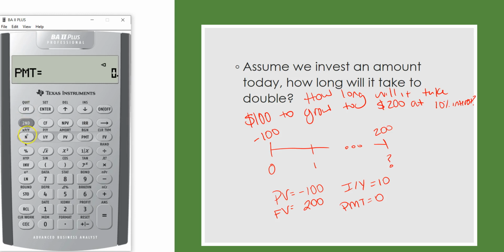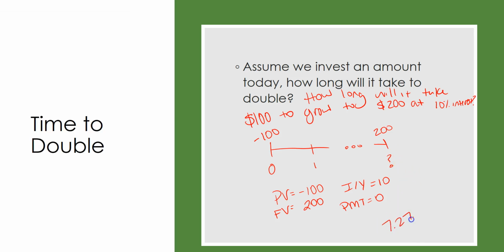So let's compute N. So this is 7.27 years. And this is years because we're assuming that this interest is compounded annually. So the interest is added to the principal once per year. We'll get into situations later where it could be months. But for now, let's just focus on annual.